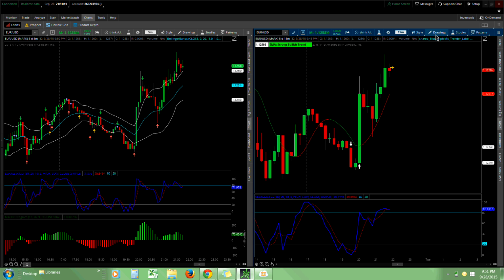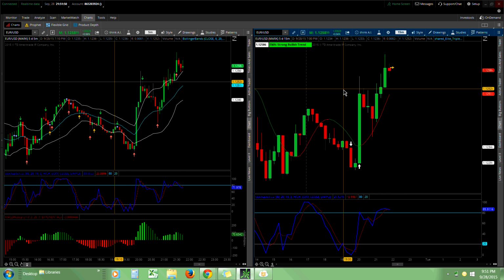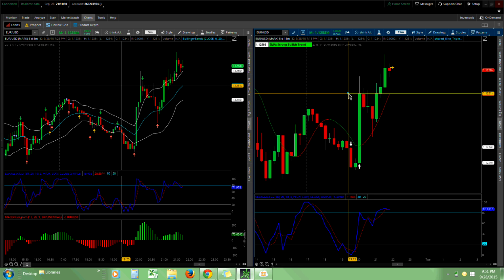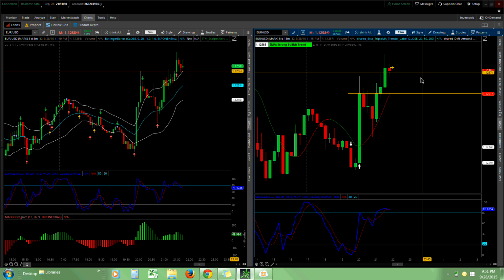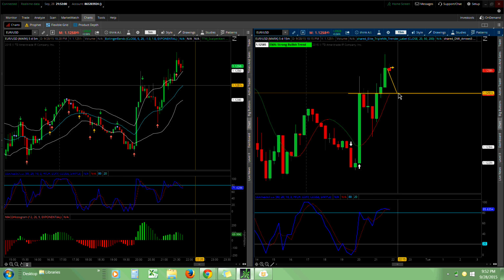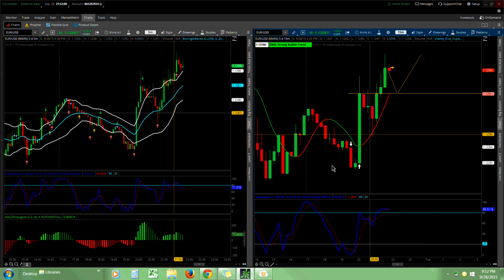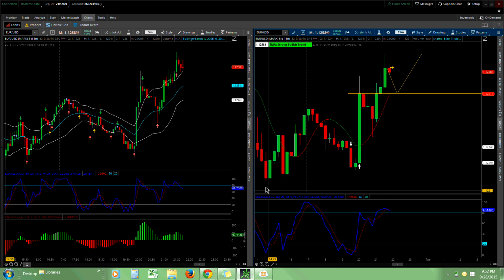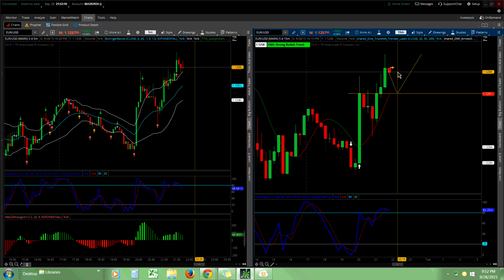If it does pull back, I expect it to pull back right here, to this point, and boom, on its way up. So let's see what that does and see if you're right.